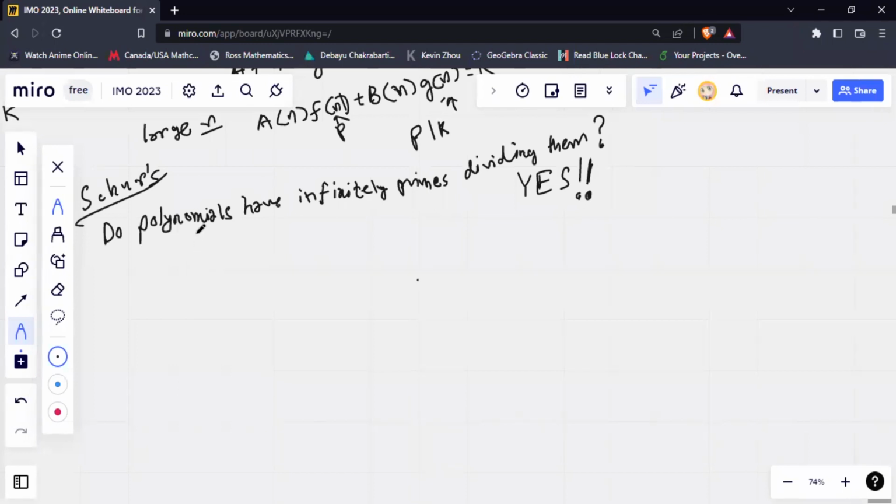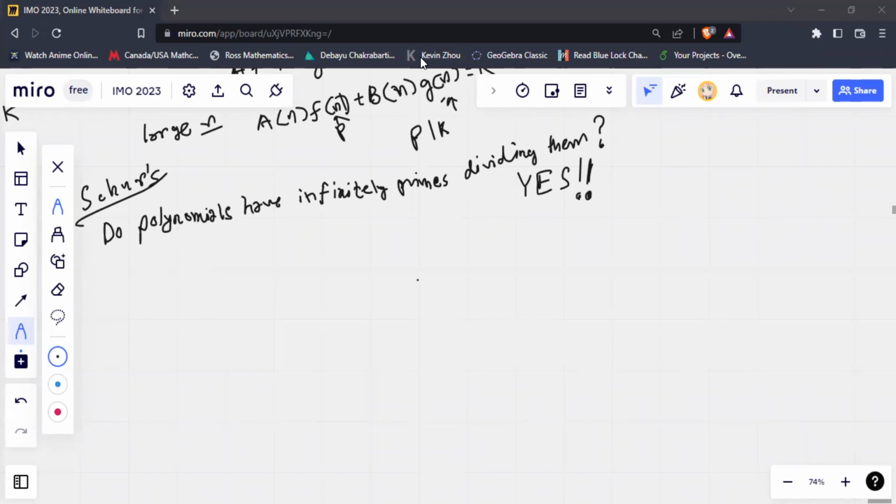If you have P of x, then the constant term C and the finitely many primes that divide it are P1 up to Pk.